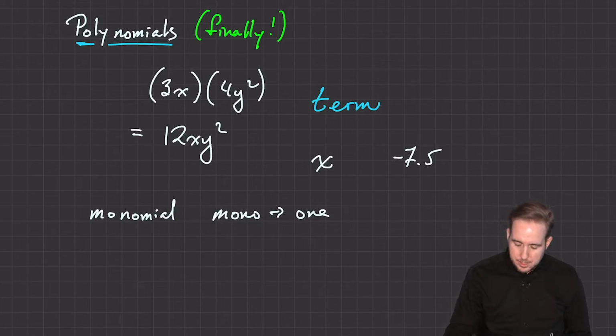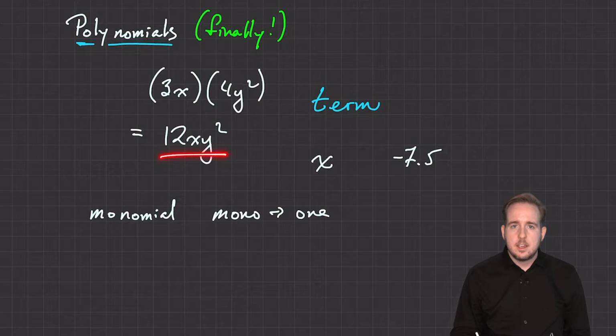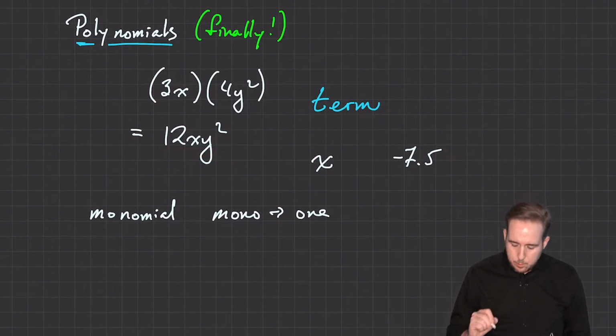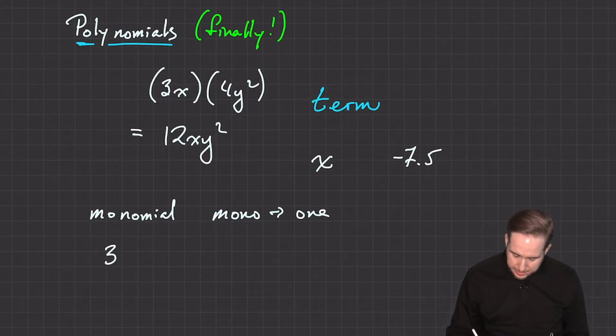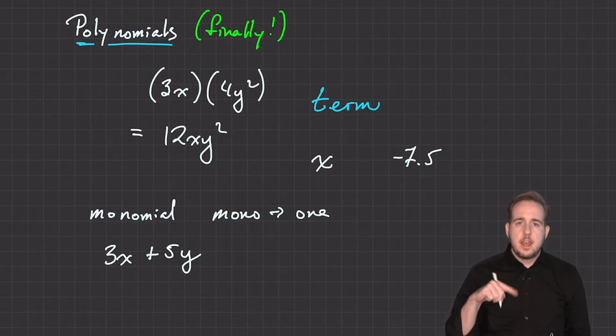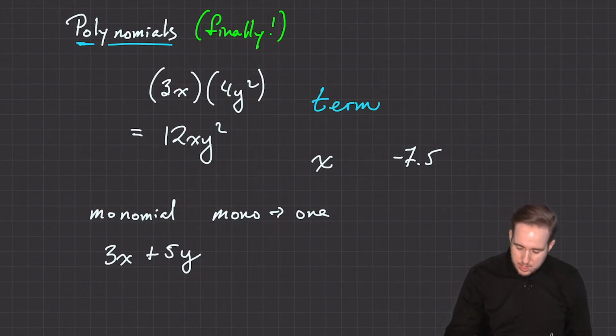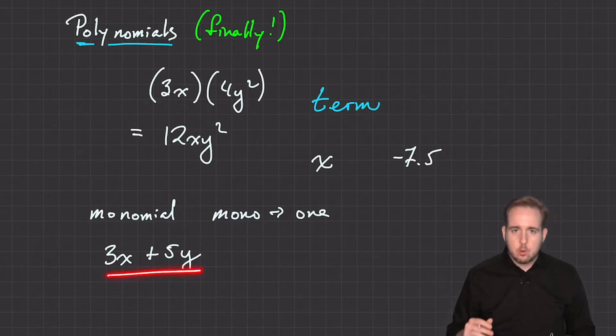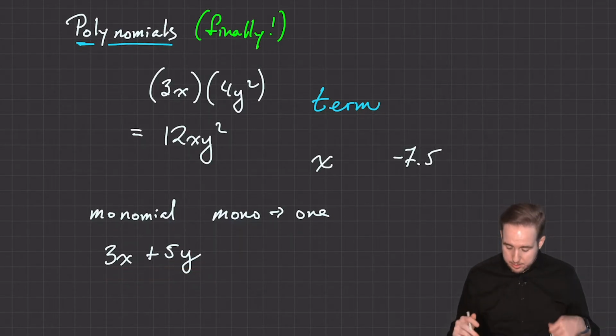So let's say if I had two terms together. Now, if I multiplied two things together, they would become a single term. So when I say put two terms together, I really mean they have to be added together. So something like 3x plus 5y. And because you learned that x and y are not like terms, there is no smaller, more condensed version that this squishes down into.